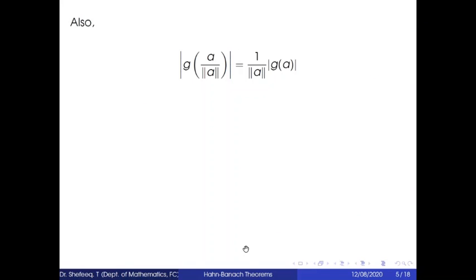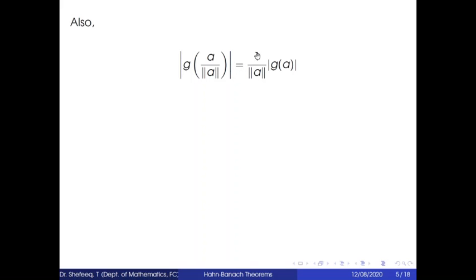Also, |g(a/||a||)|. We take a/||a|| from ka. We have 1/||a|| belongs to K, so a/||a||.